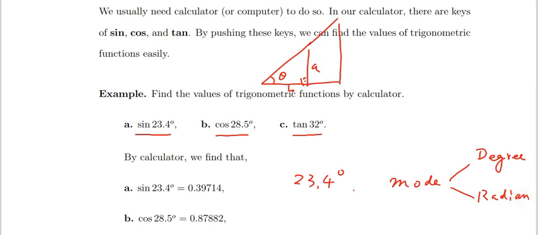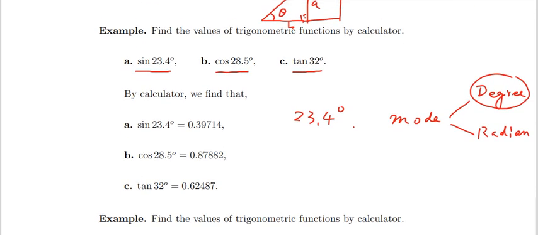So you need to check the mode and make sure you tell your calculator we use degrees, so that it knows 23.4 is in degrees. Then it should give you the same answer, right? Check your calculator, find the sine button, cosine button, and tangent button.